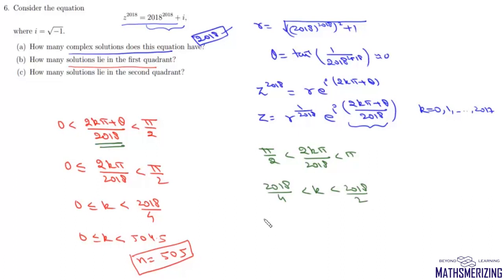So it'll be 504.5 and then k, and it'll be 1009. So the number of integral values of k which lie in this interval is 504. So this equation will have 504 solutions in the second quadrant.